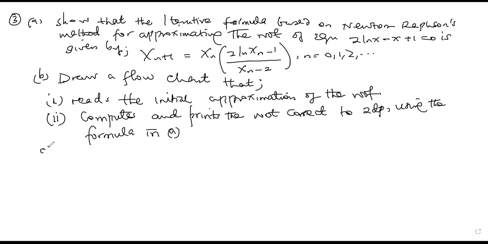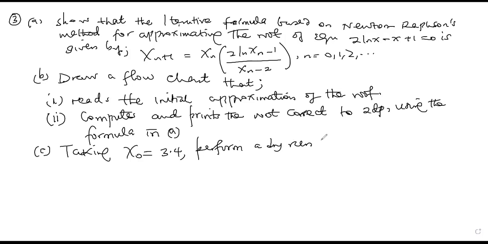Then part C, checking x naught at 3.4, perform a dry run to find the root of the equation.